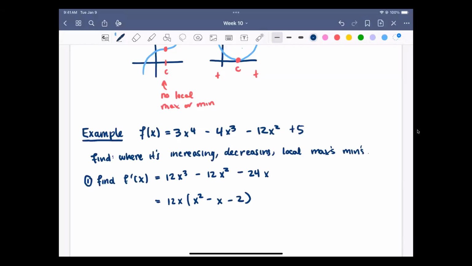Okay, and then what about the second part? Does that factor further? Yeah, so we can do x minus 2.